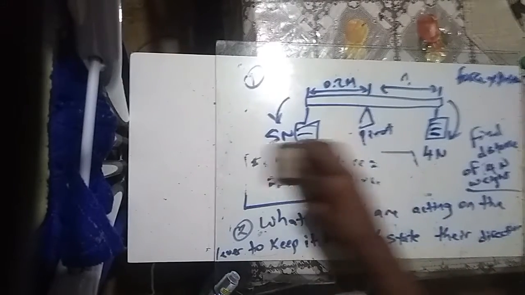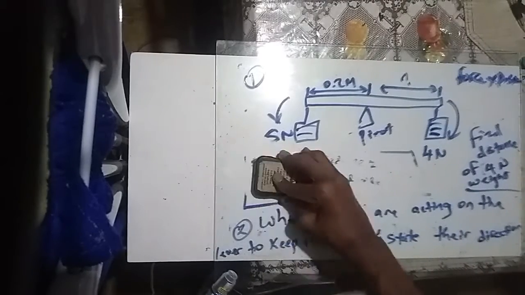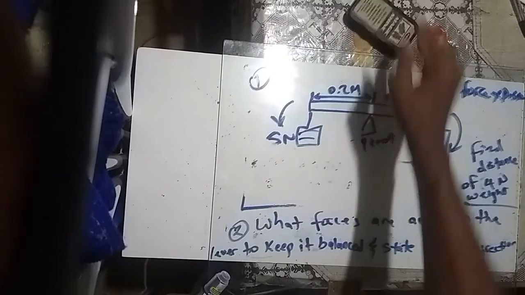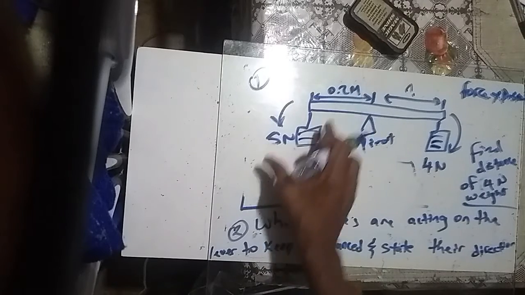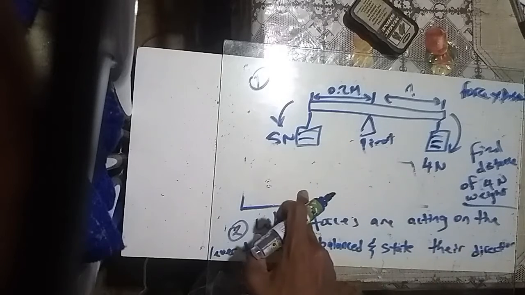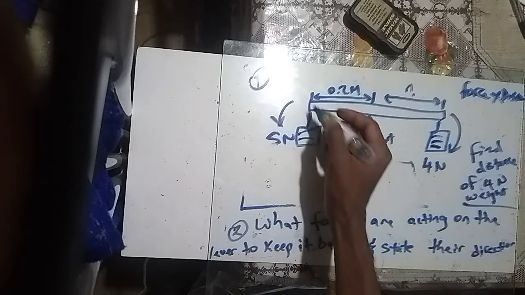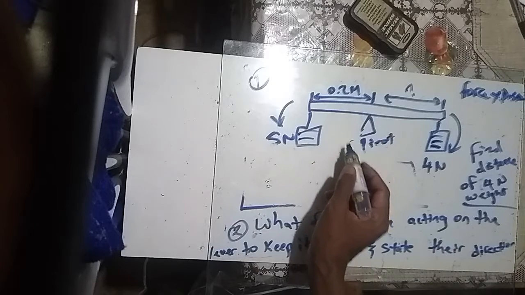Alright, so let's do that now. Since force times distance is equal to force times distance, let us find the clockwise and anti-clockwise moments. You keep the things together. You can't give the 4 to the 0.2, because look where the arrow is pointing, from the point of action of the 5 Newton to the pivot.